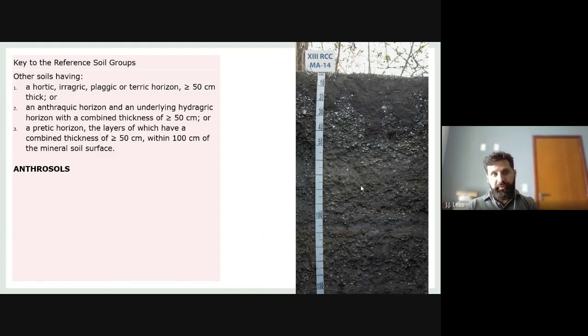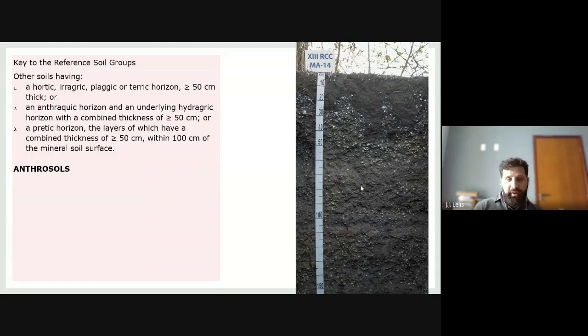This is very important for you to understand: one thing is the diagnostic horizon, one thing is the diagnostic property, and the reference soil group is another thing. We can't classify an anthrosol only because those soils have a pretic horizon.